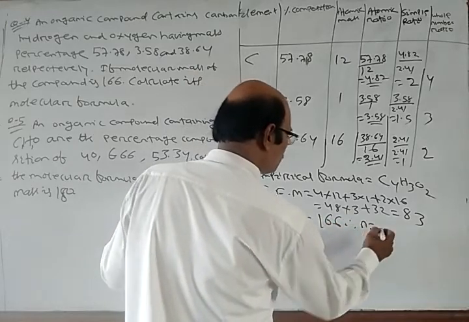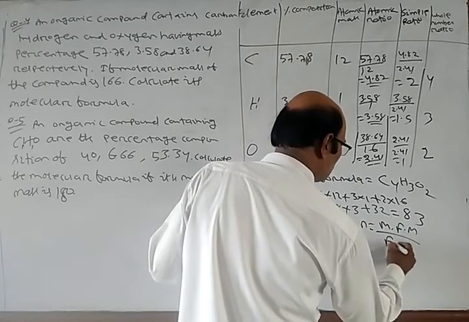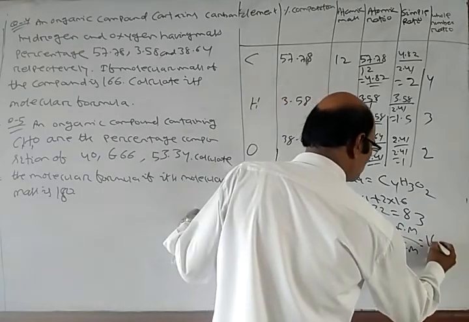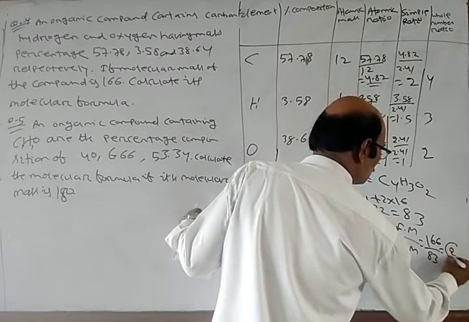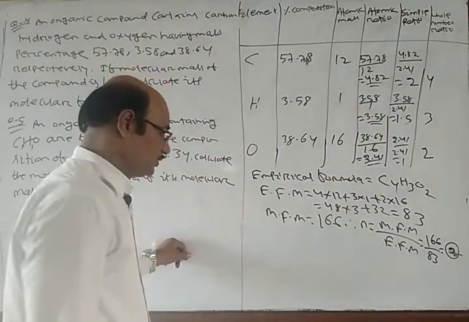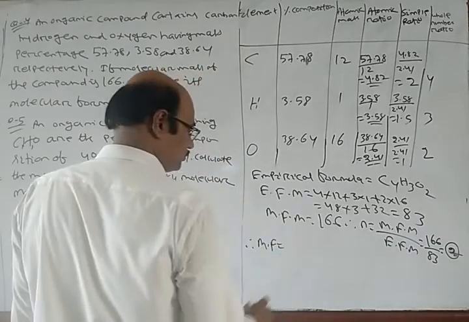Therefore n equals molecular formula mass divided by empirical formula mass, equals 166 by 83, equals 2. So 2 is the n factor.